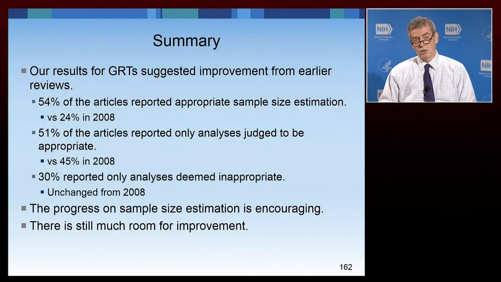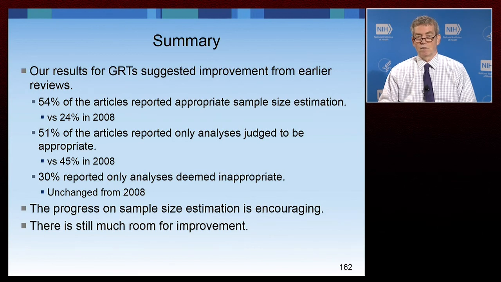So summarizing these 2 reviews, our results for group randomized trials suggest improvement from earlier reviews. We saw a very large improvement in the sample size estimation methods. We had found 24% using appropriate sample size estimation methods in 2008, and that more than doubled to 54% in this year in the paper just published.